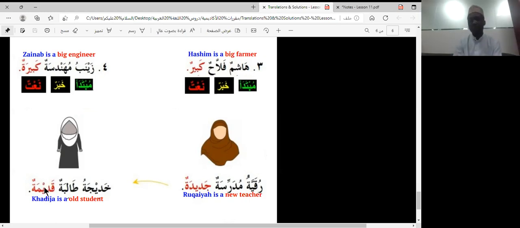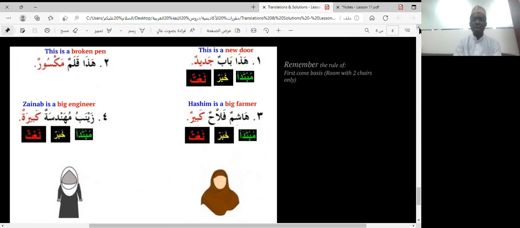Qadimatun is na'at, because the man'ut here, which is khabar, has tanween at the end. So qadimatun should also have tanween. They have to have the same case, the same gender, the same definite or indefinite article, and they have to conform in singular or plural form.